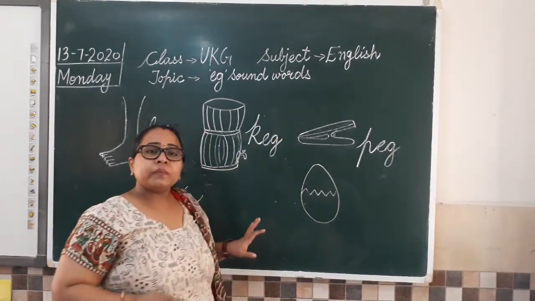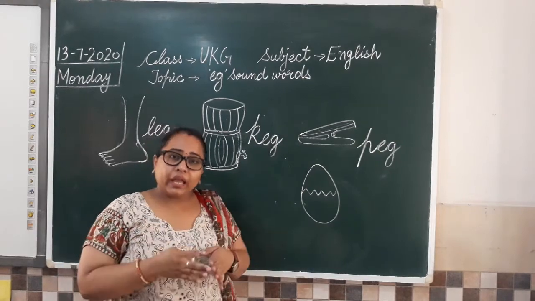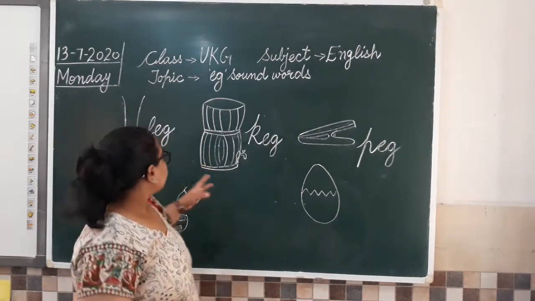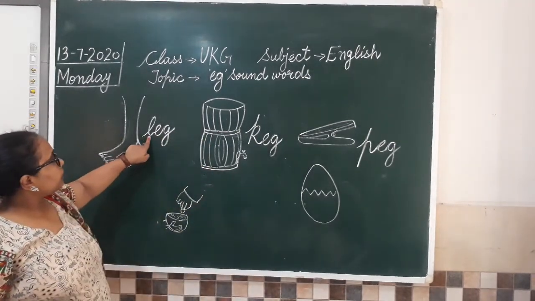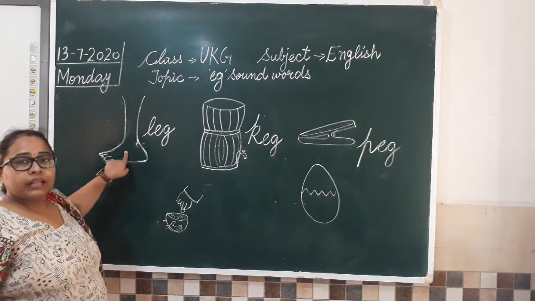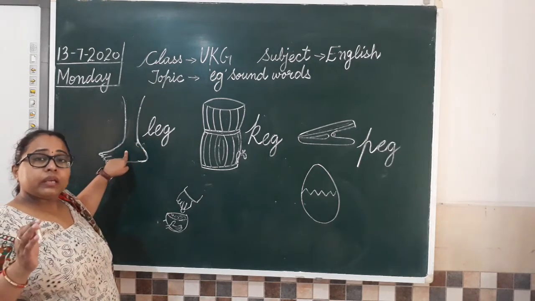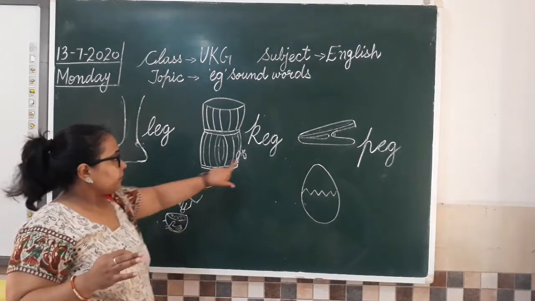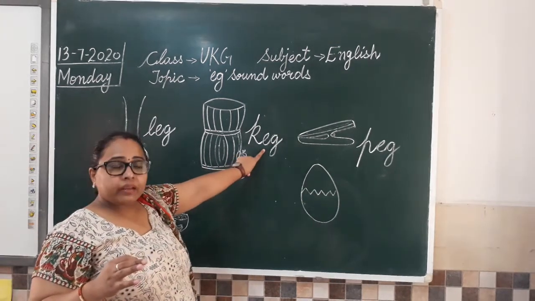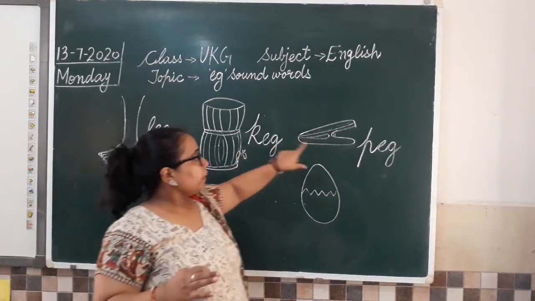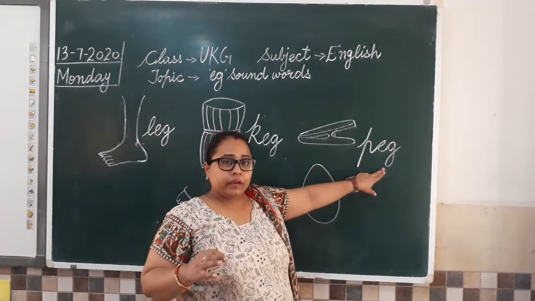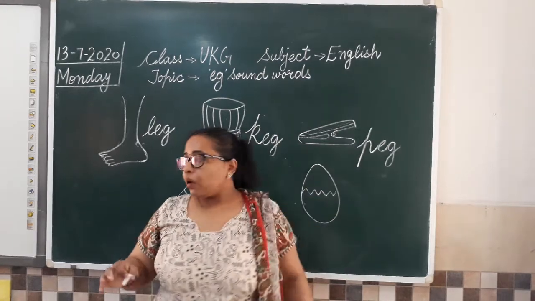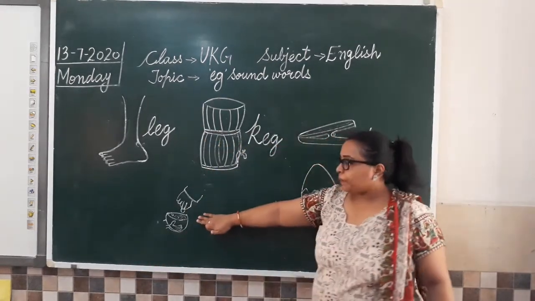Let's repeat once again. L, egg, leg. Say with me. L, egg, leg. K, egg, cake. Per, egg, peg.